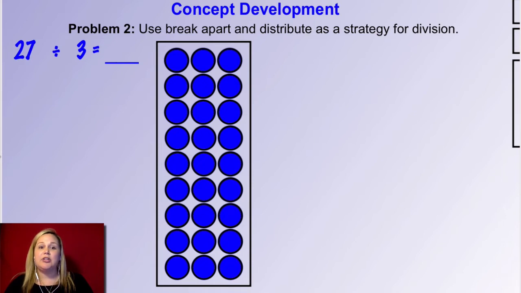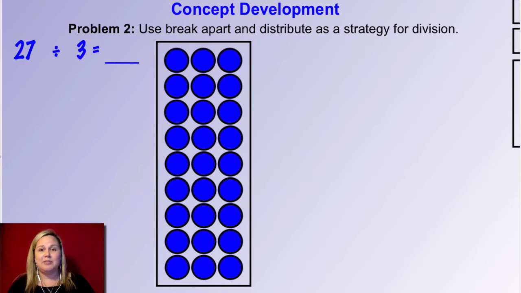Okay, so we're going to use the break apart and distribute, or distributive property, to solve this division problem as well. So now we have a 27 divided by 3. When we're dividing, what are we focused on? Are we focused on breaking up the number of groups or rows, like in multiplication, or are we focused on breaking up the total?